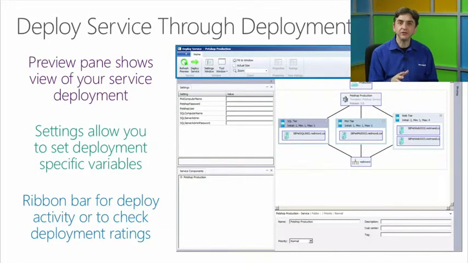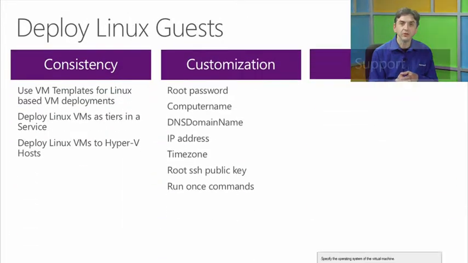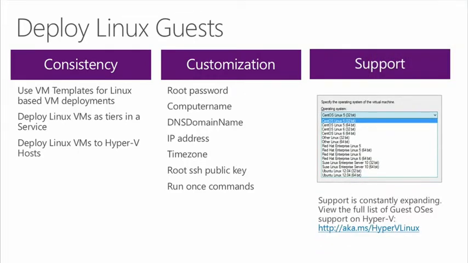And not only can I do that with Windows virtual machines as guests, but with 2012 SP1 and better in R2, I can do that with Linux guests as well. So this gives me the ability to create a repeatable, automated deployment of my Linux guests, where I can customize things like the password, the computer name, the IP address, the DNS domain name, all these different things.